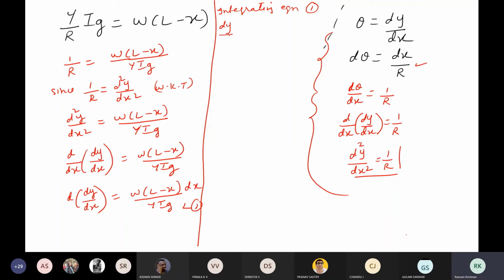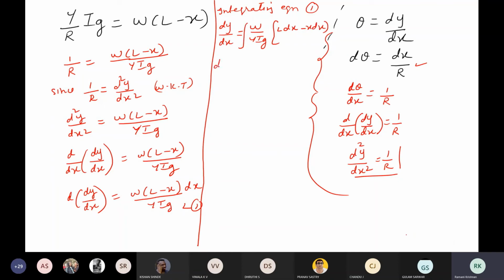When I integrate, dy by dx is equal to W by Ig, since Ig is constant I keep it outside, integration of (L dx minus X dx). I have to do this side.